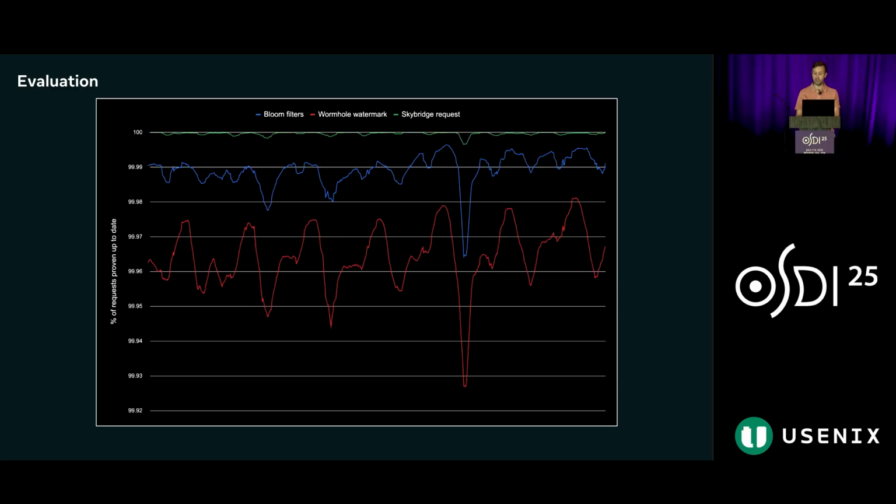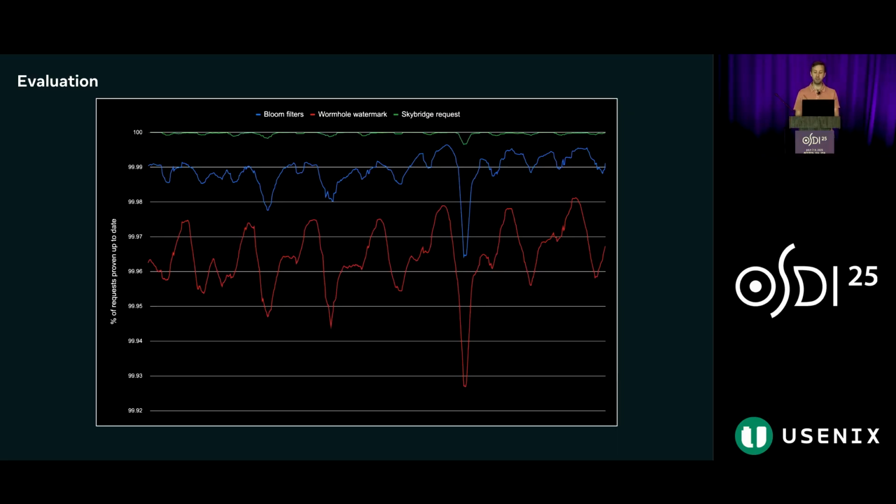Next, we wanted to evaluate Skybridge's efficiency in proving cache items up to date without requiring cache refills. We measured what percentage of read requests were able to be proven up to date using the replication stream's internal progress tracker, Skybridge Bloom filters, an optimization where Skybridge hosts proactively stream metadata to cache hosts, and local requests to the in-region Skybridge.